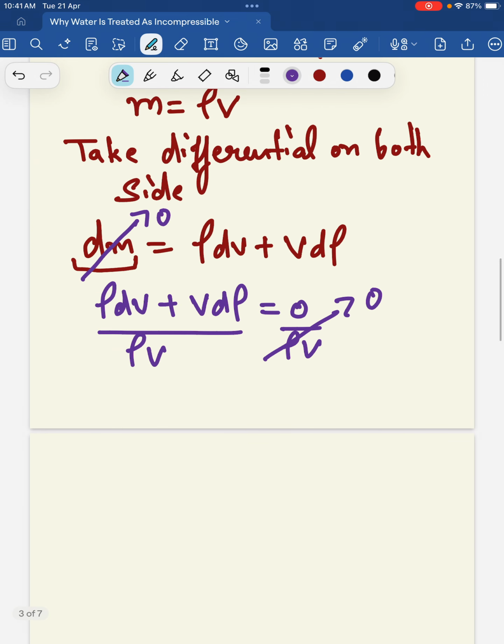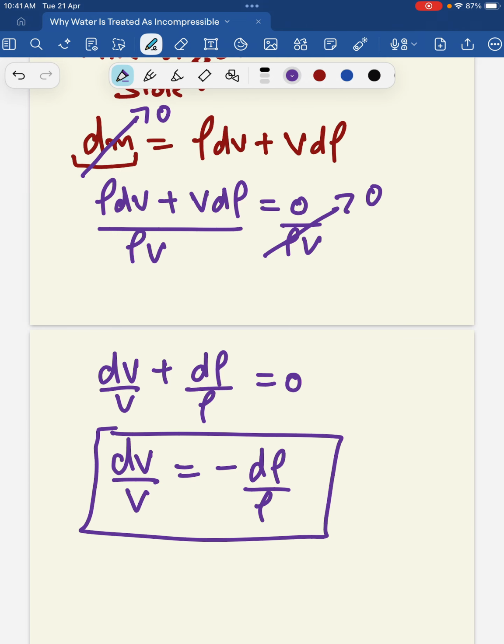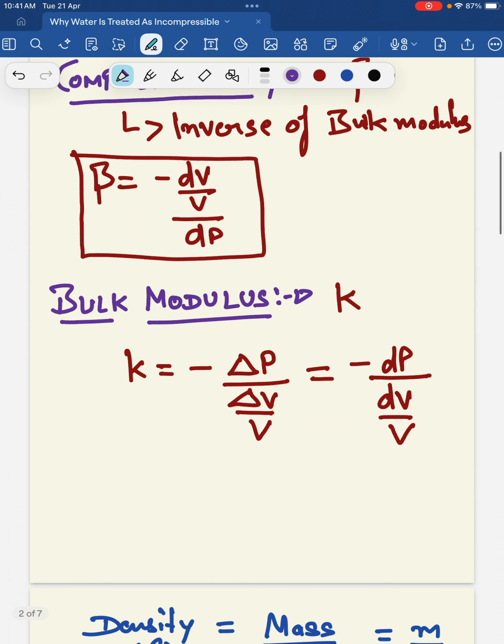Now in the LHS what will you get? You will get dv upon v plus d rho upon rho is equal to 0. So from that you will get the value of dv upon v is equal to minus of d rho upon rho. So this is your second equation and the previous one was your first equation.